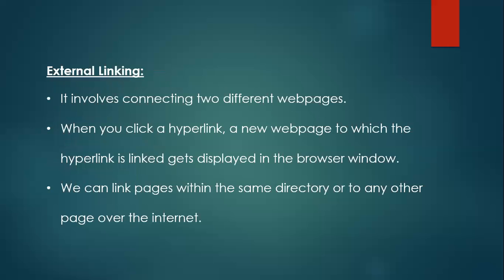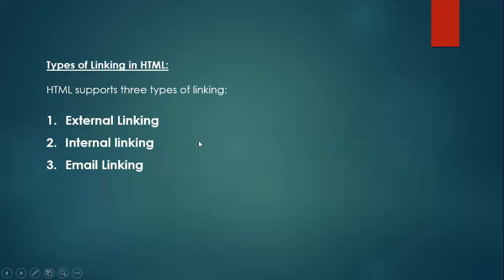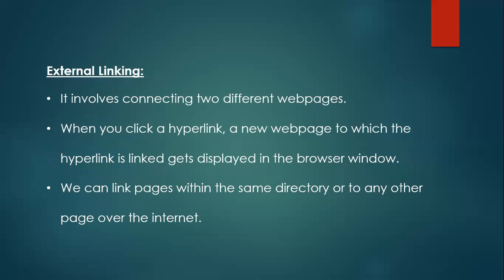So what is external linking? As I told you in the previous slides, the href attribute is used to indicate the destination link. Destination link means the HTML document to which you want to link this particular text, which is written with the anchor tag A. So this href attribute is used to specify the name of the destination link.